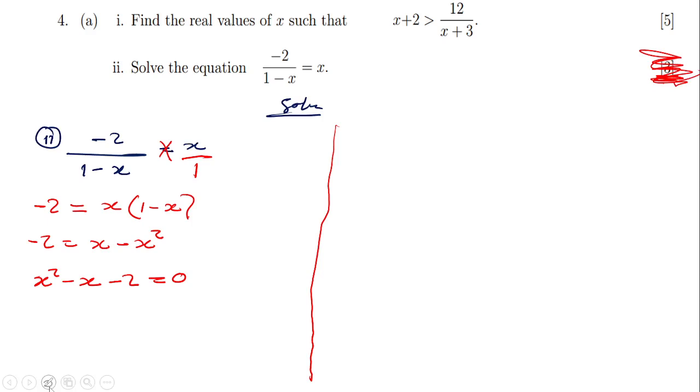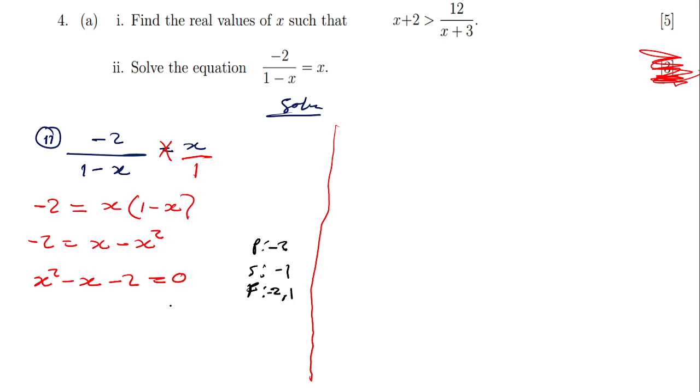So from there you can say product, sum and factor. The product is -2, the sum is -1, then the factors are 2 and 1, of which the 2 is supposed to have a negative.